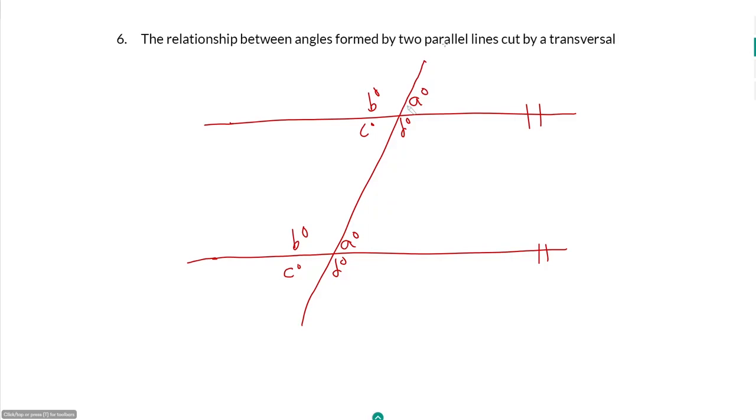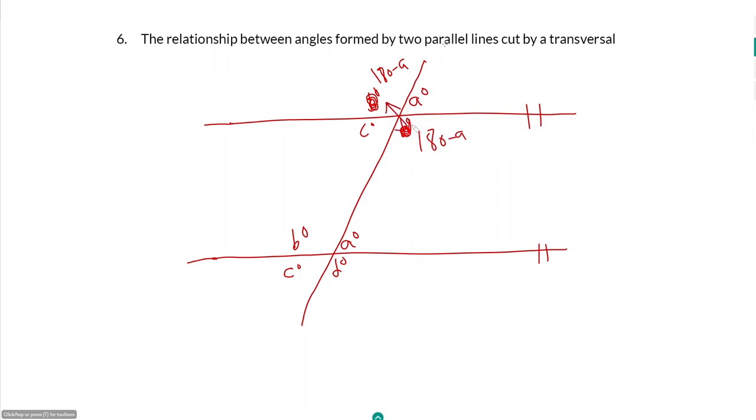And then we also said you can use your knowledge, for example, that 2 angles that form a line must sum to 180 degrees. You can use that to say this here, D must be 180 minus A. But A and D also form a straight line. So D must also be 180 minus A. Therefore, these 2 angles are equal to each other.